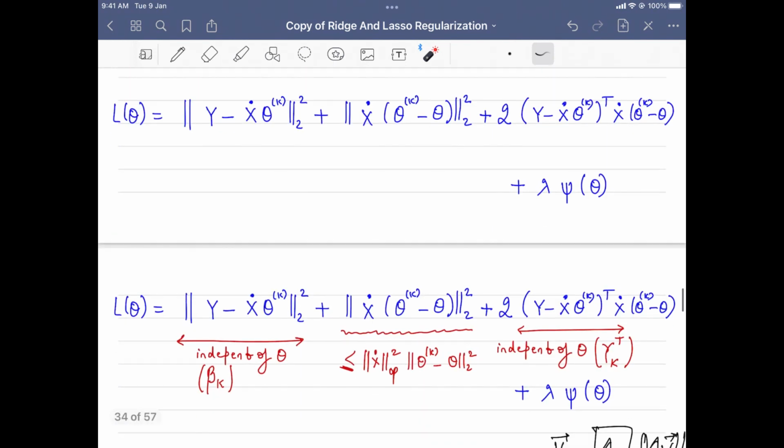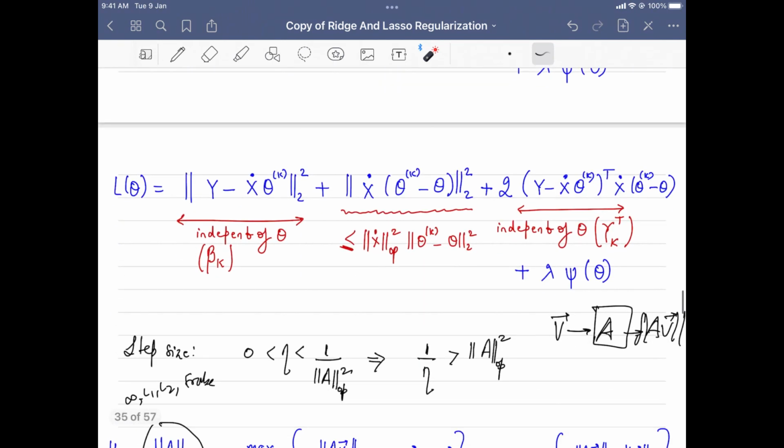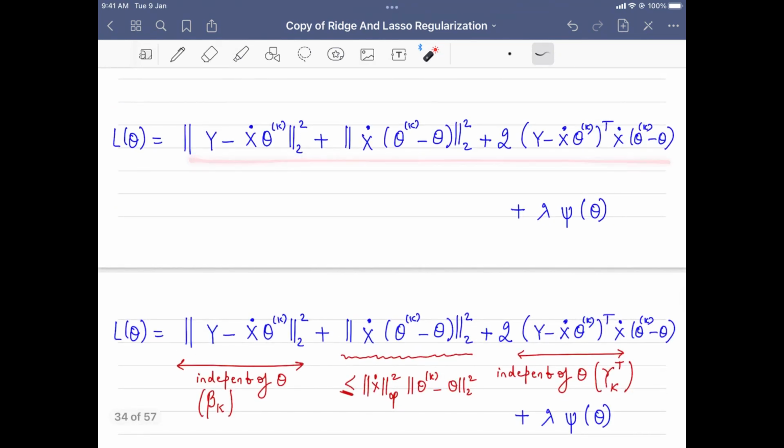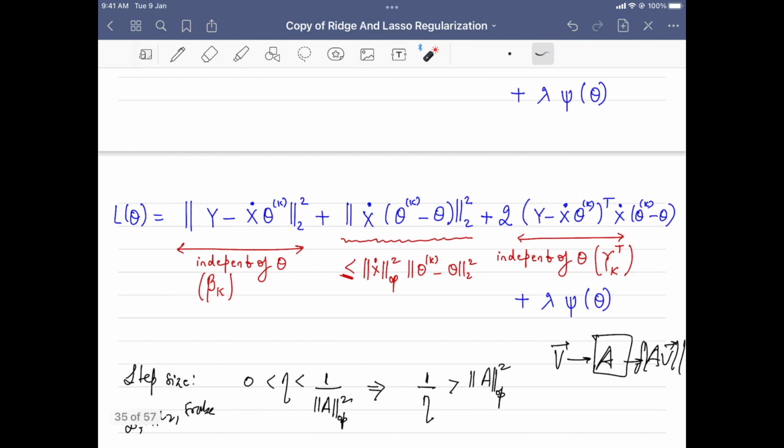Now we again repeat this expression which is on the top. Here, what we are trying to find is the expression which depends upon theta. The only expression which depends upon theta is this one.